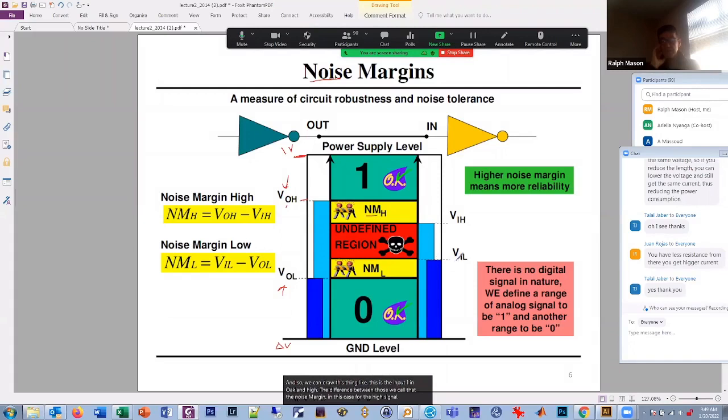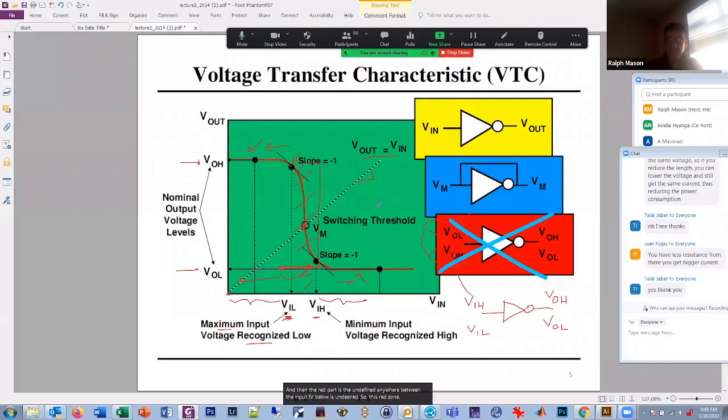And the difference between the input low and the output low is the noise margin for the low. And then the red part is the undefined. Anywhere between V input high and V input low is undesired. So this red zone is this zone right here between V input high and V input low.